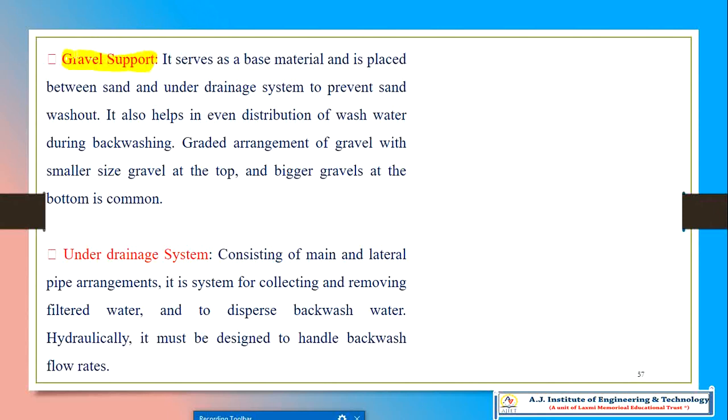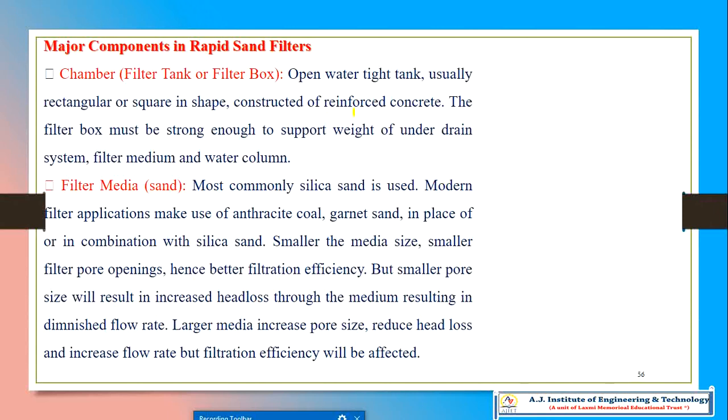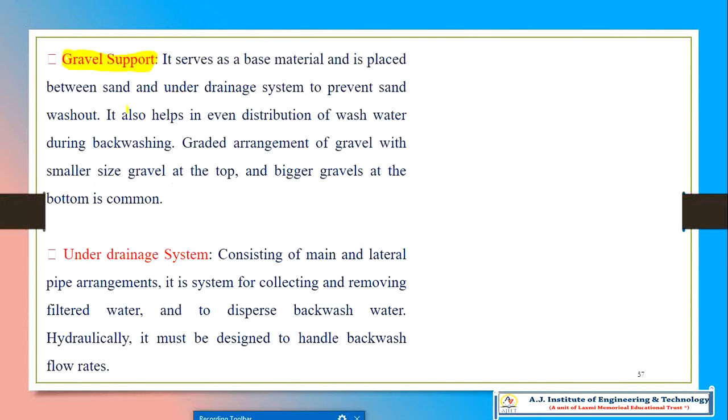That is another component. It serves as a base material, a support for the sand, and it is placed between the sand and the under drainage system.